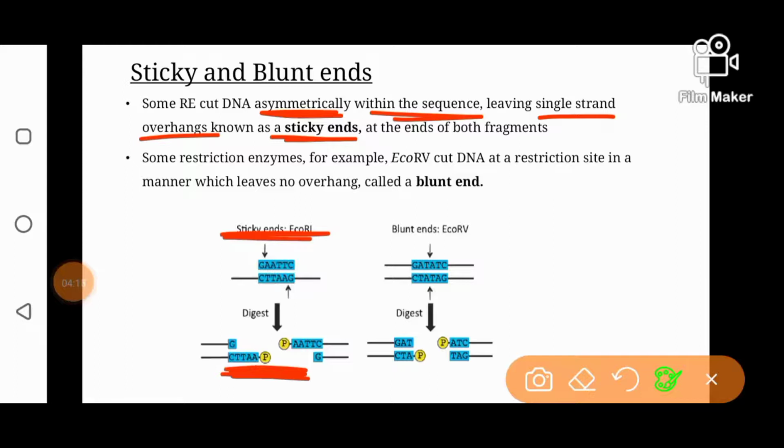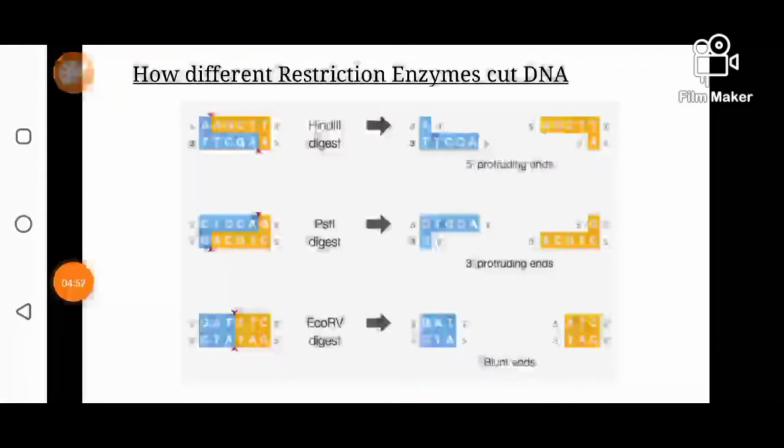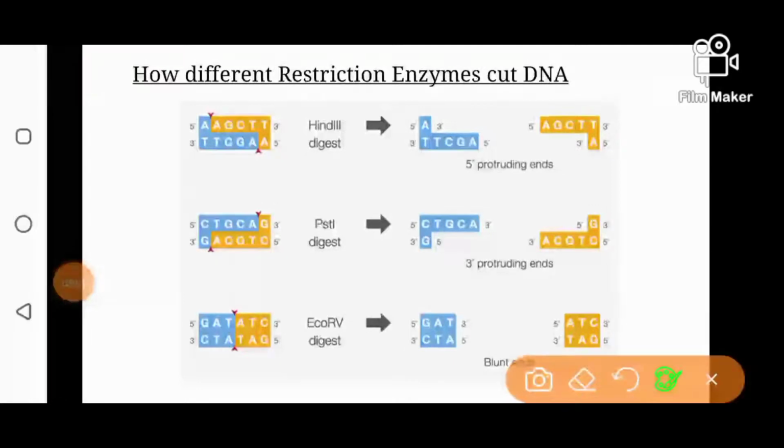And some enzymes, they cut DNA symmetrically right in the middle of the recognition sequence, and they leave no single-stranded overhangs, and these kinds of cuts are known as blunt ends or blunt cuts, like this. You can see the DNA is cut right in the middle of the restriction site. Now, this is how different enzymes cut DNA.